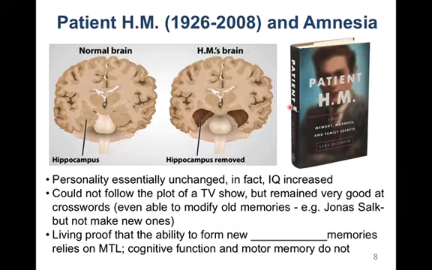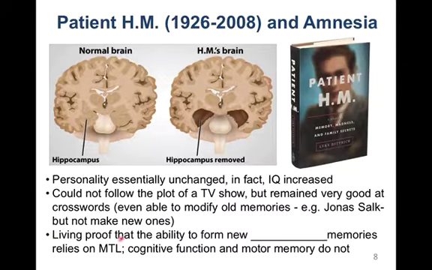Vaccination developed by Jonas Salk was about the mid-1950s, after HM's surgery. But because he had pre-existing knowledge of polio, because he grew up knowing about it, he was able to modify those pre-existing memories to include Jonas Salk. So that was interesting, modifying old memories.